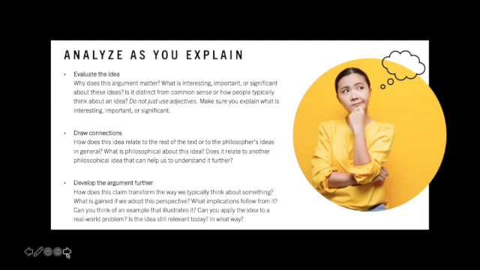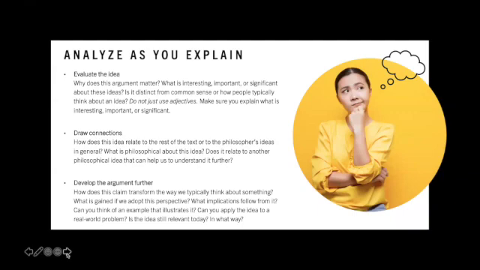You can also analyze an idea by drawing connections. You can think about how the idea relates to the rest of the philosophical text or to the philosopher's ideas in general. You can think about why this idea is philosophical at all. You can think about its relation to other philosophical ideas that can help us understand it further. You can also develop the idea for yourself by providing more argumentation to support it.